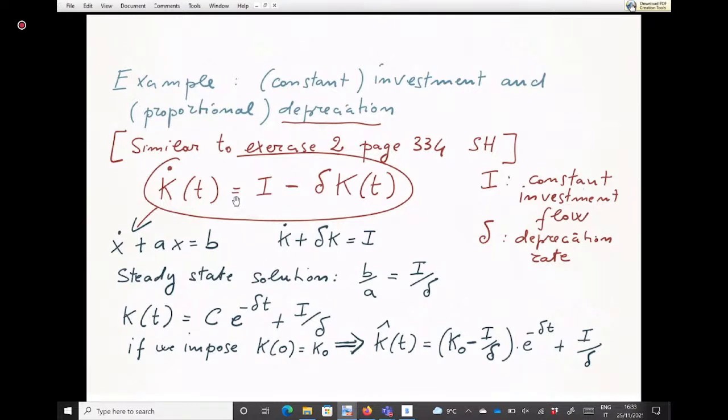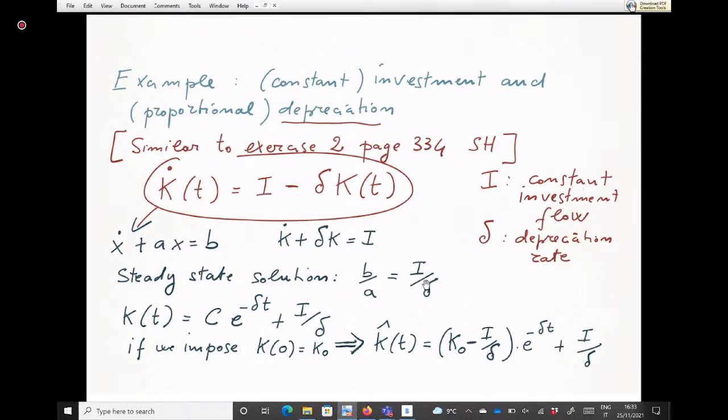Of course, this is a linear differential equation with constant coefficients, because we can write k dot plus delta k equal to I, okay? This is our B, this is our A, okay? The steady state solution has a strong economic meaning and interpretation here. Why? Because B over A is just capital I divided by delta.